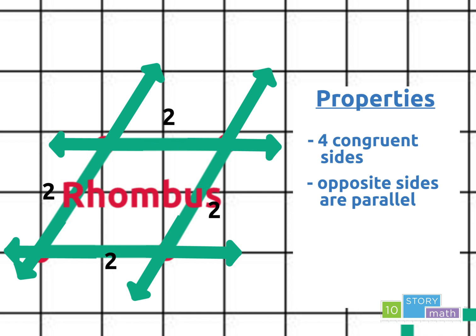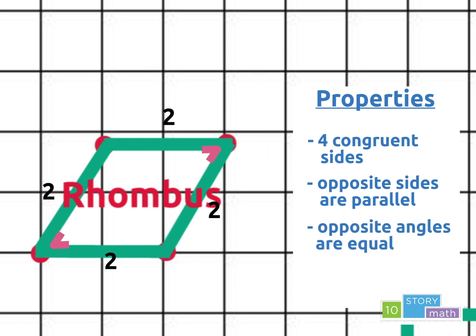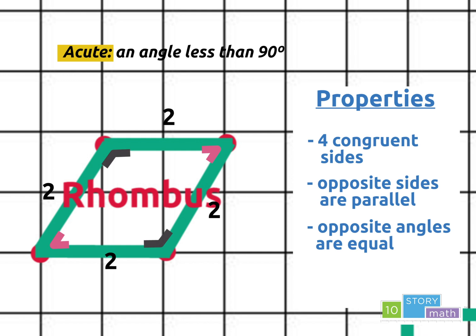It does require, however, that the opposite angles are equal. In this case, the angles highlighted in pink are both acute angles. That means they're both less than 90 degrees. Aww, so cute. The angles highlighted in gray are both obtuse. That means they're greater than 90 degrees.